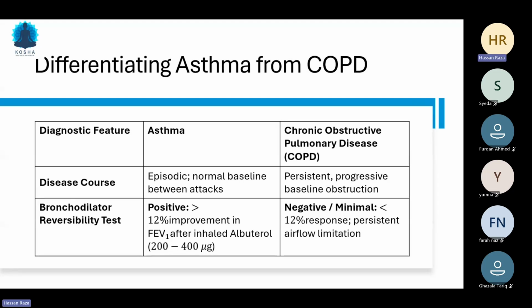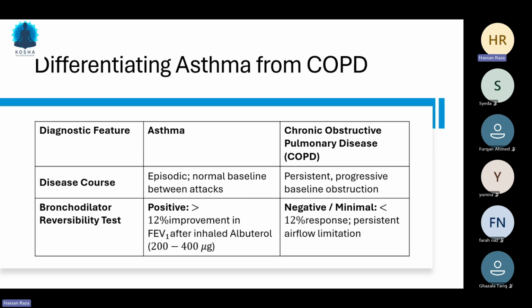But after the SABA inhalation, his FEV1 is 2.1. If you subtract and divide by 1.6, you will see there is a 16% or 17% improvement in his FEV1. Then we will say, okay, he has asthma, not COPD.